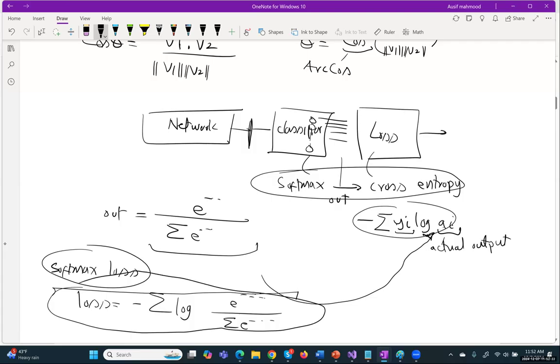Now, if this was a Siamese or triplet type of network, remember, over here, it is really trying to focus on distances.